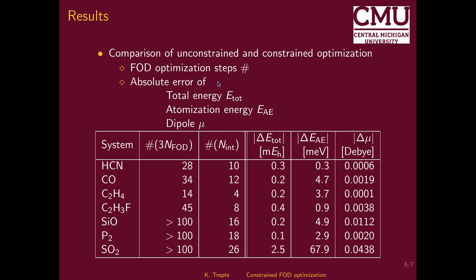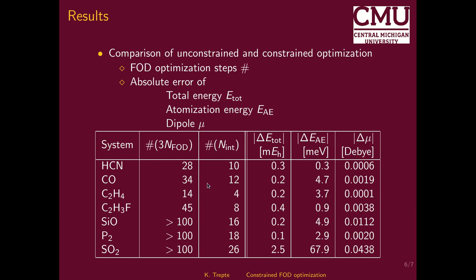And then, of course, we have to look at the differences in the total energy and the atomization energy, and I chose a density-related property, the dipole, in these molecules to make sure that if we optimize in this constrained way, we do not compromise our molecular properties.